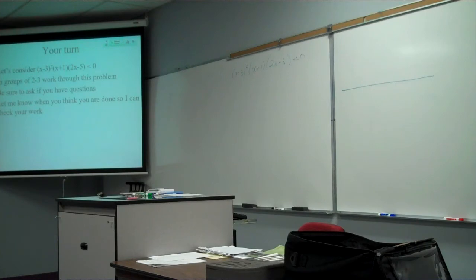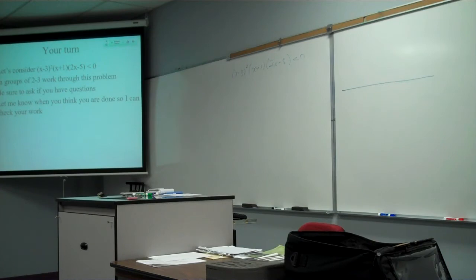So what's x going to have to be? Add 3 to both sides, so x equals 3. So that's one of the places that this equals 0. So that's one place on the number line where we could switch from positive to negative, or negative to positive. We don't know which, but we at least know one of the places it could switch.